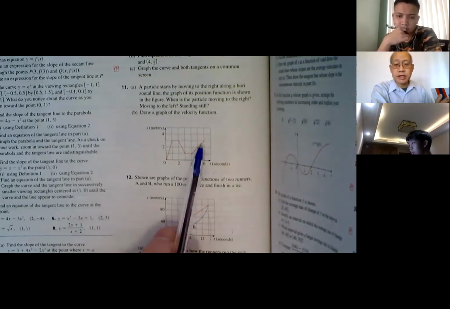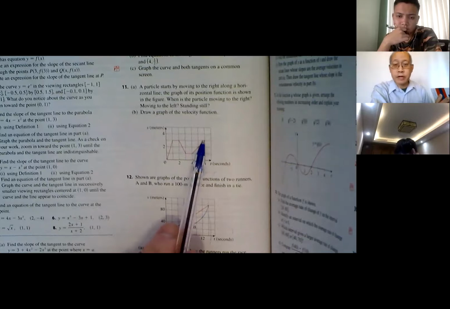Between 2 and 3 seconds, you're going from 3 meters down to 1 meter, so you're going back, which means you're moving to the left. Then it looks like your distance stays at 1, so standing still here. So you're 1 meter away, then 2 meters away, then 3 meters away, so again, you're moving to the right.